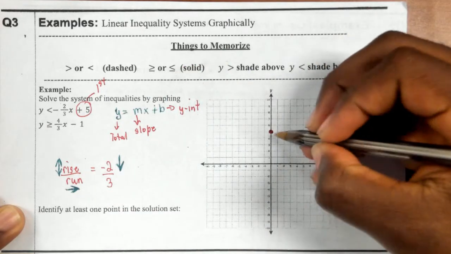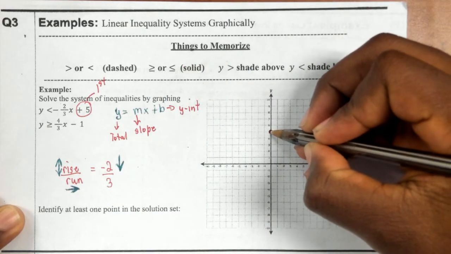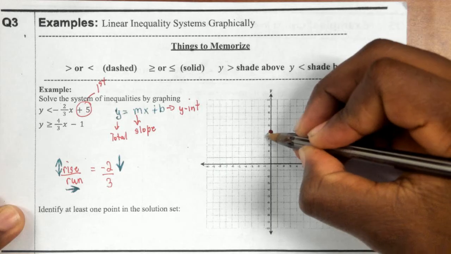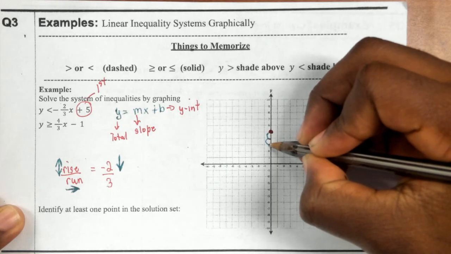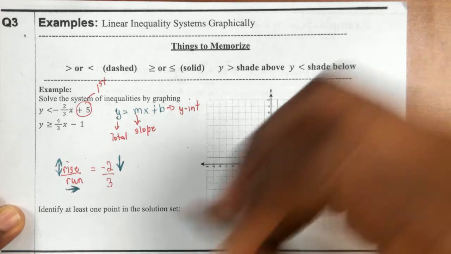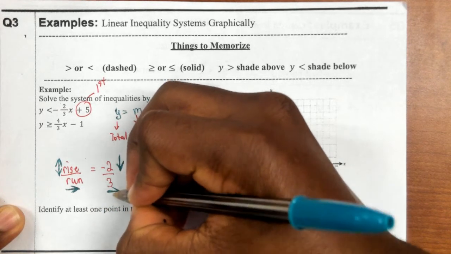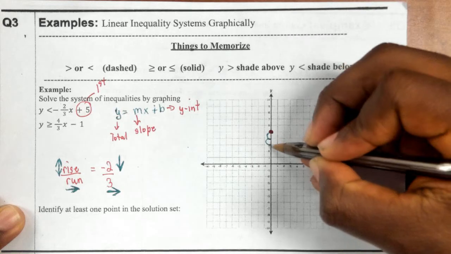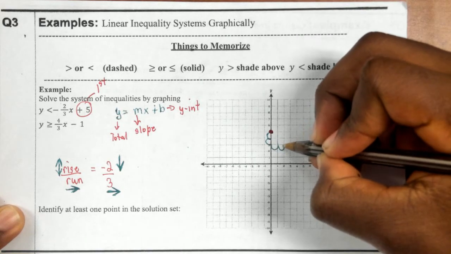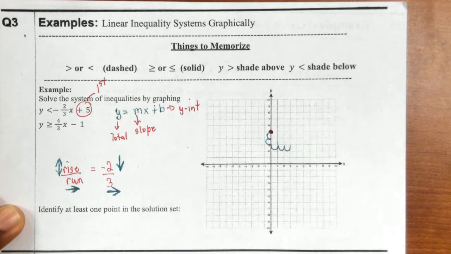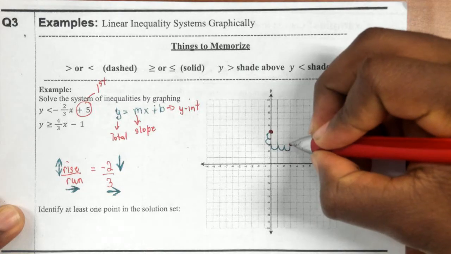I'm going to use this as my starting point and go down 1, 2. But I'm not done yet, because this positive 3 down here means you're going to go to the right 3 times: 1, 2, 3. And now I put the dot right there.